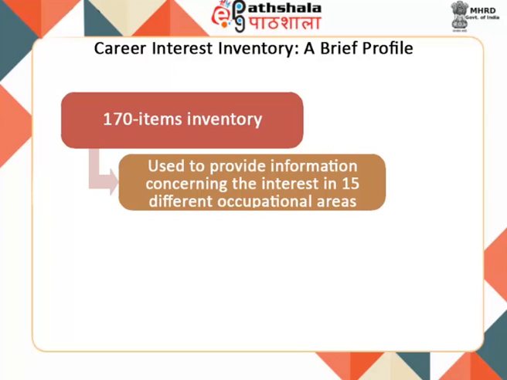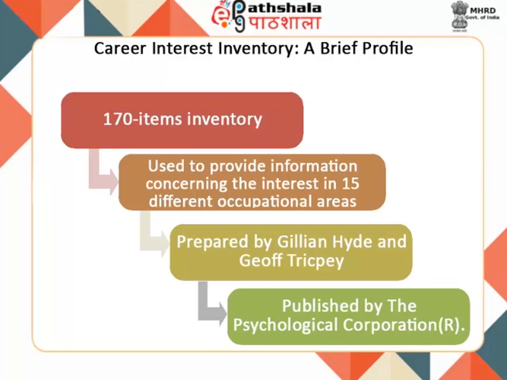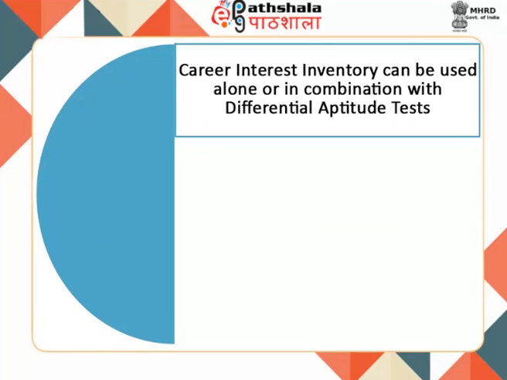The inventory has been prepared by Gillian Hyde and Geoff Trispe and published by the Psychological Corporation. Career interest inventory can be used alone or in combination with differential aptitude tests if the measure of aptitude is required for guidance and counseling purpose.